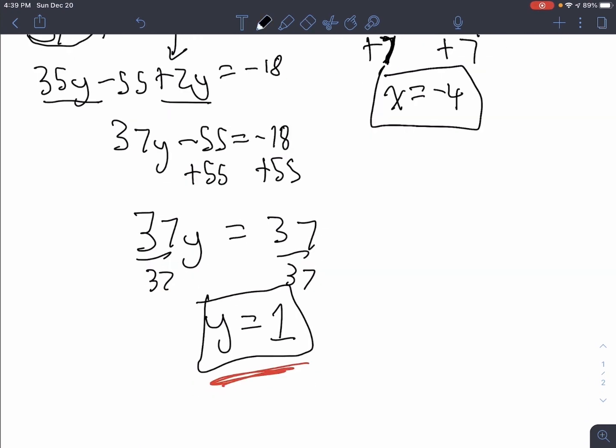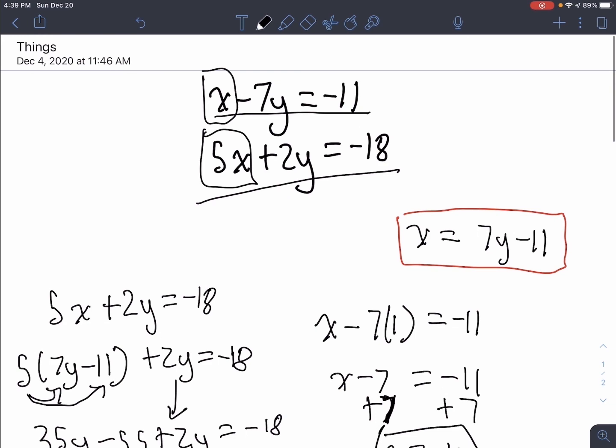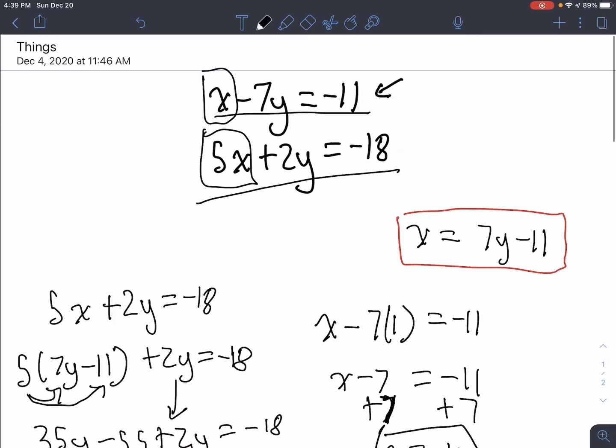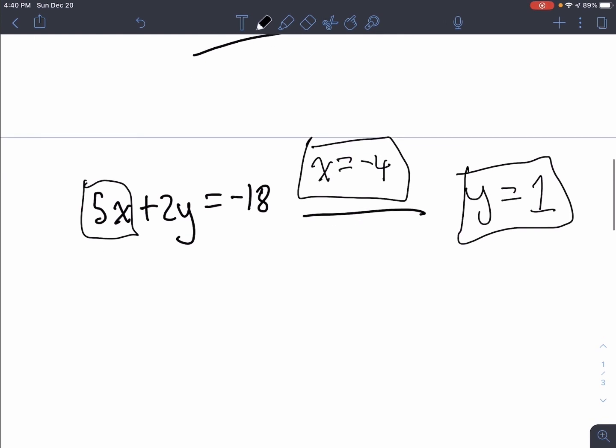Let's substitute both values, x is equal to negative 4 and y is equal to 1, into the system. Let's use the second equation because we used the first equation to solve for x. So in the second equation, we can substitute both values.